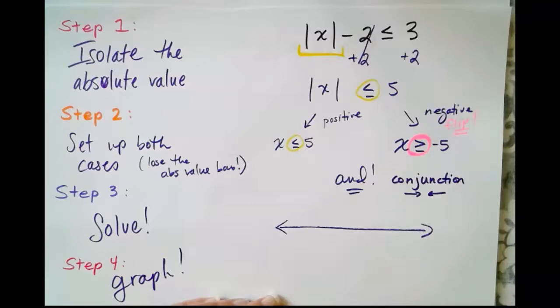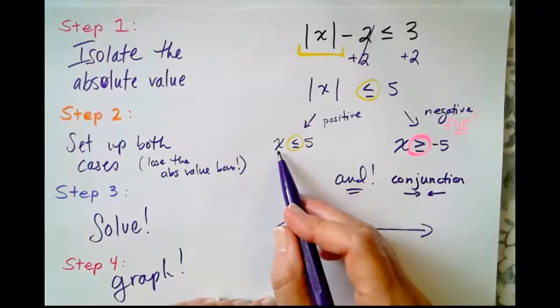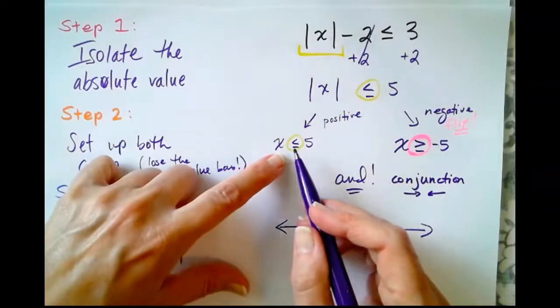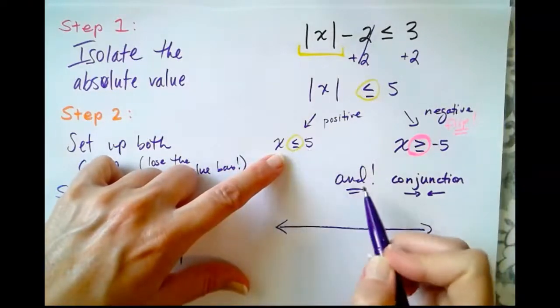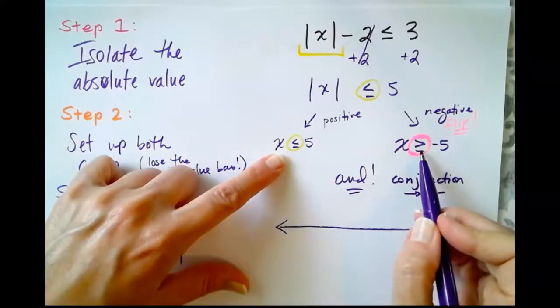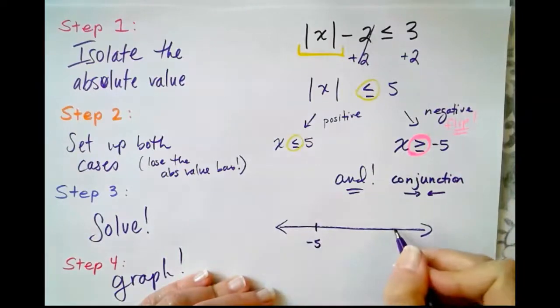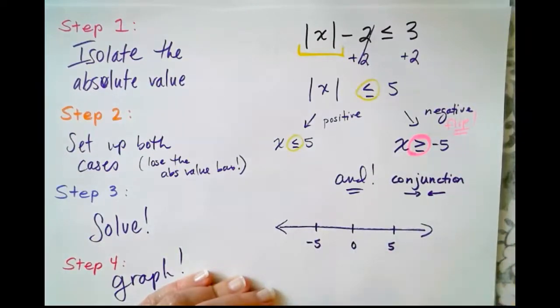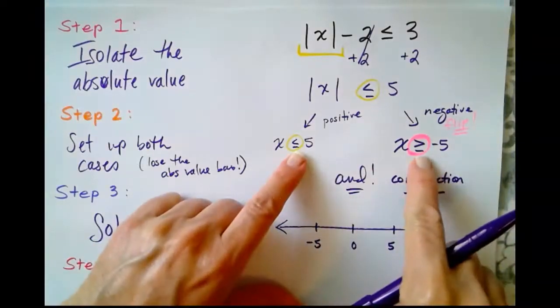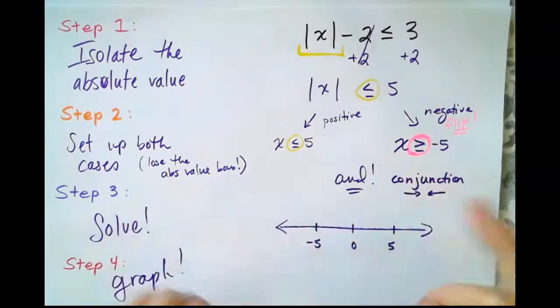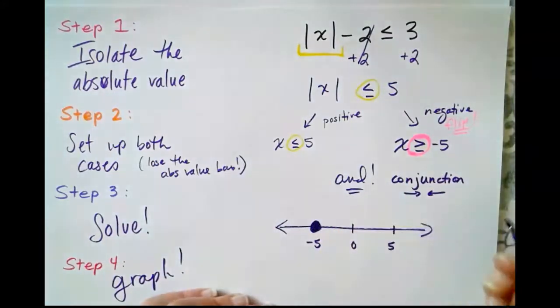So our answers are less than or equal to 5 and greater than or equal to negative 5. I'll put negative 5 there, positive 5 there, zero in the middle. Remember, we read from left to right. Our numbers should be increasing from left to right. Also consider both of these are or equal to, so we will have a solid circle on the negative 5, a solid circle on the positive 5.